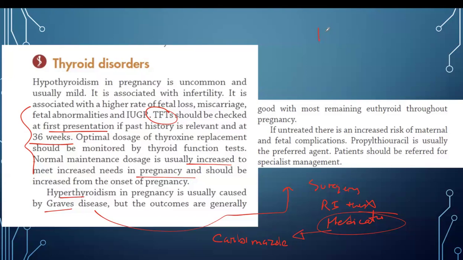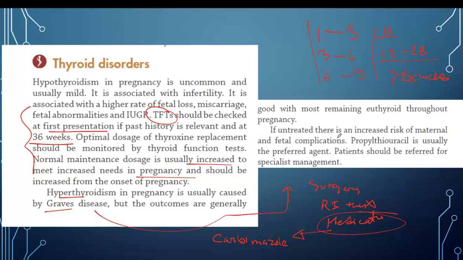Up to 12 weeks is the first trimester, 12 to 28 weeks is the second trimester, and after 28 weeks, the third trimester. So for a patient with hyperthyroidism, in the first trimester you can't give carbimazole.